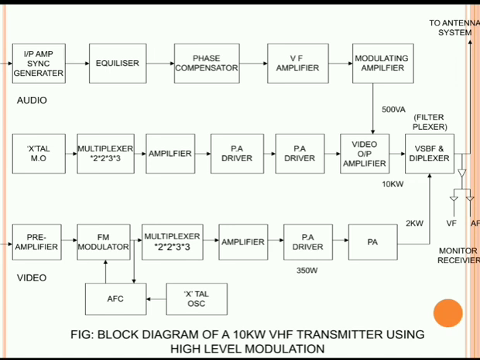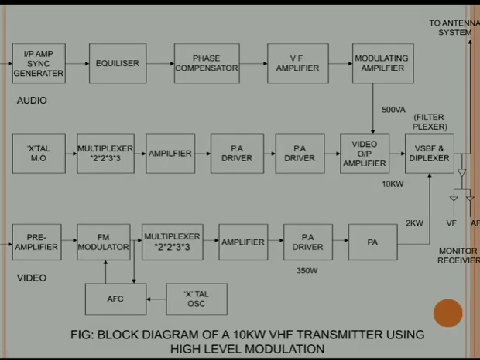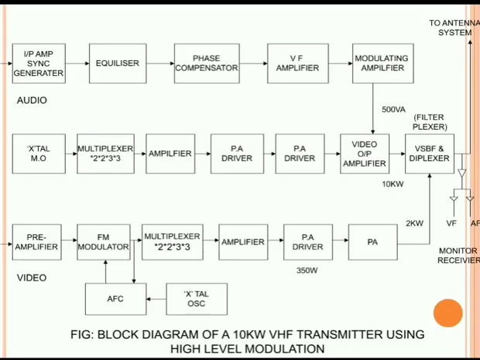Both the signals are then given to the duplexer. Then this VSBF and duplexer, that is the filter, as we have seen before, the modulation process occurs in that particular filter. The modulated signal is then given to the antenna for transmission over a channel.